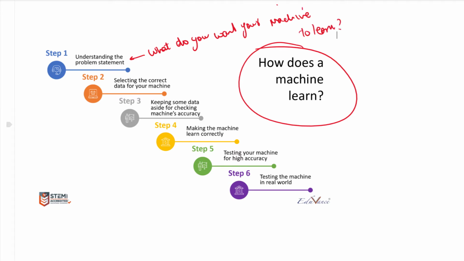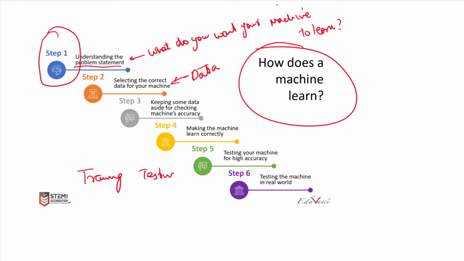If you cannot understand the problem statement, there is no point in implementing machine learning. So once you understand the problem statement, then to teach your machine or to train your machine, you need to select the data, and then you need to split the data between training and testing.